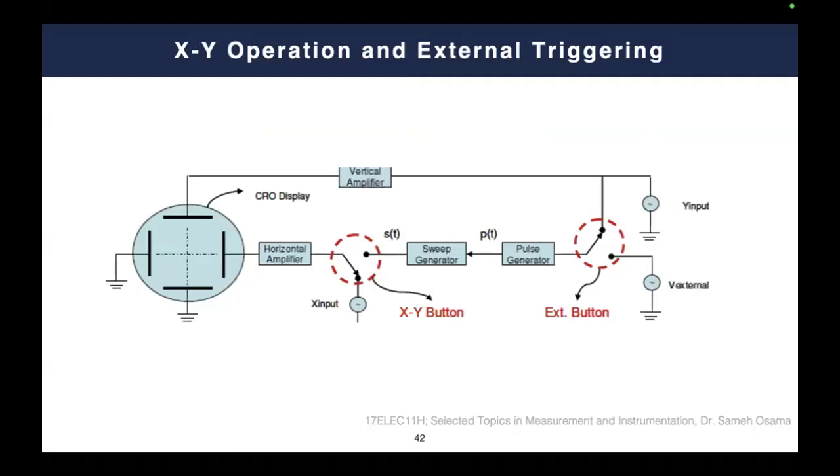And in the horizontal axis, where we used to have a trigger, we will not insert a trigger. We are going to insert an X of t, or a signal function of time. Let's see what will happen. So let me go here. So this is the oscilloscope screen.